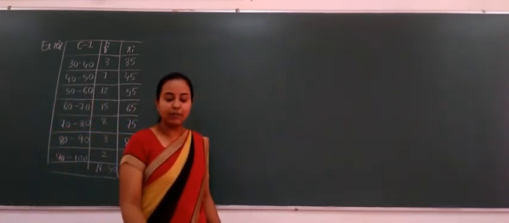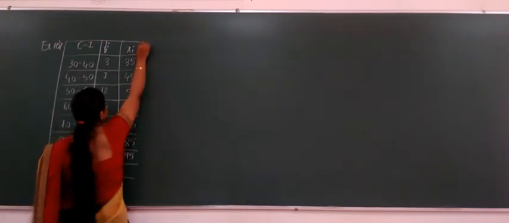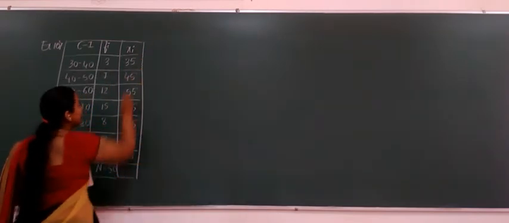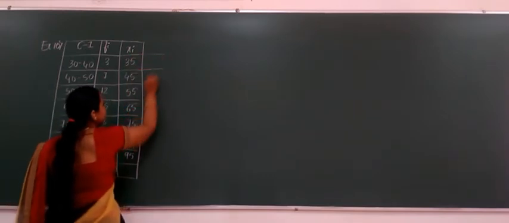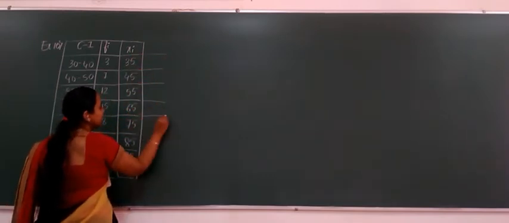The next column will be Fi into Xi. Why Fi into Xi? Because only by knowing summation of Fi into Xi can we calculate the mean.